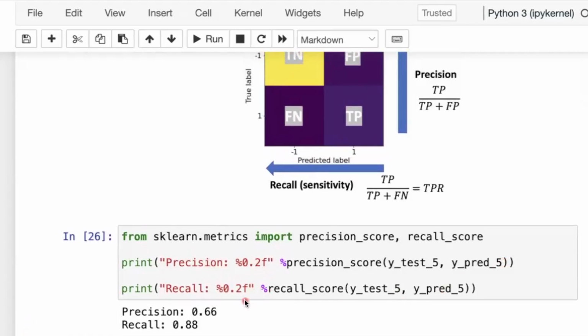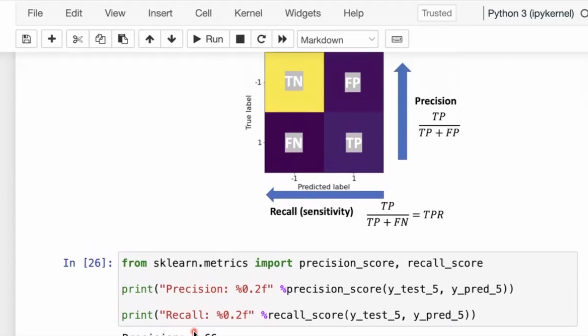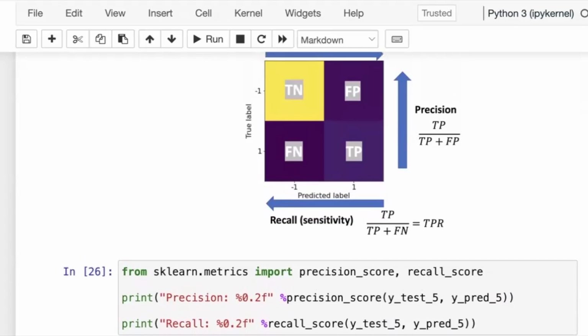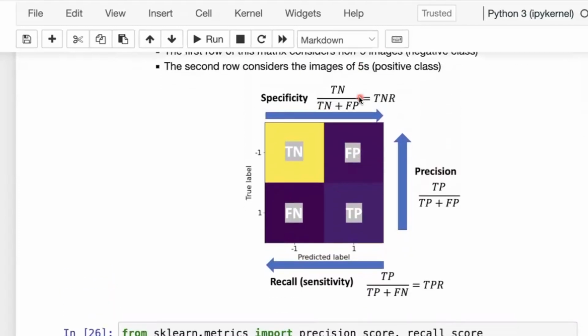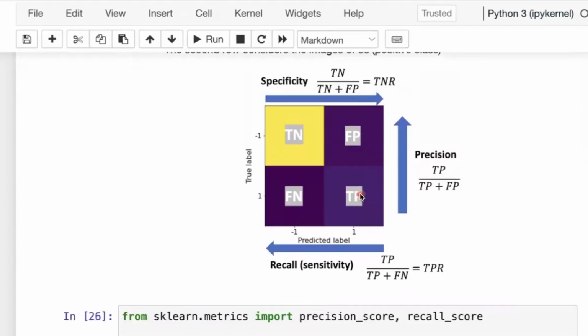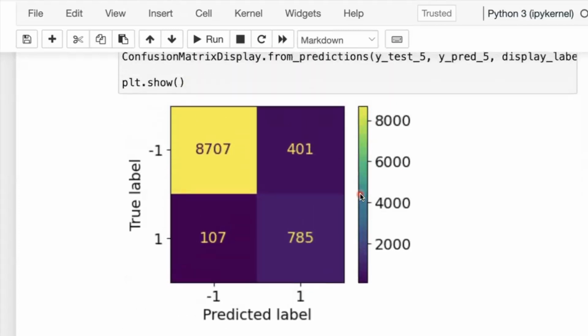Here, for example, we know that the precision of this classifier is significantly lower than the recall, right? This means that one issue that we have here is that the number of false positives, because that's what precision is measuring, is relatively high compared to the number of true positives. We can see this too, right?